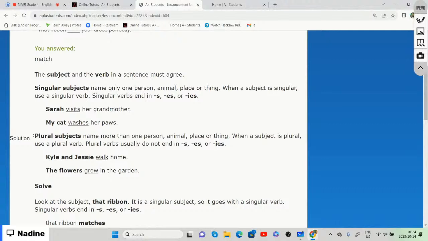So we made an example of Sarah visits her grandma, and my cat washes her paws. And then we also say plural subjects name more than one animal, place, or thing. And when a subject is plural, we use a plural verb.